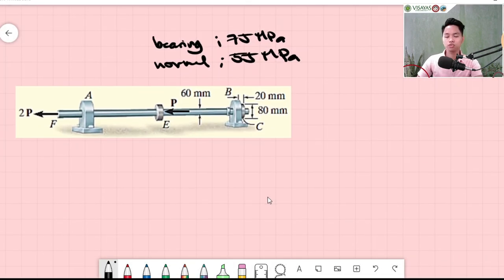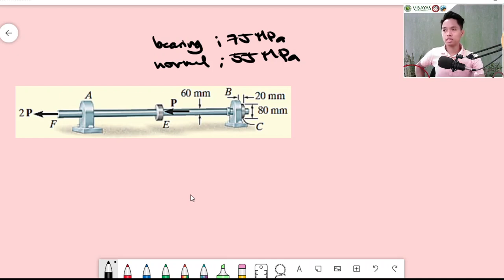Okay, so for the bearing, naman gitagaan man ta diri og bearing og normal. Therefore, there are two modes of failure in this one. First is the bearing failure at C, right? Bearing failure at C, wherein unsa may mahitabo kung mo fail si C. Tungod kay bearing, for example, kung kusgan kay ni si B, alright?